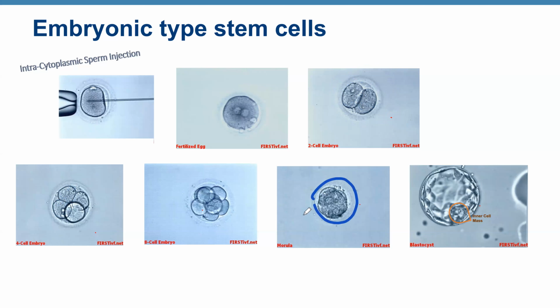Then the ball of cells called the morula. This is our totipotent stage, and then we have our inner cell mass, when we start differentiation into primary embryonic tissues. All right, so that's how embryonic stem cells are collected in labs.